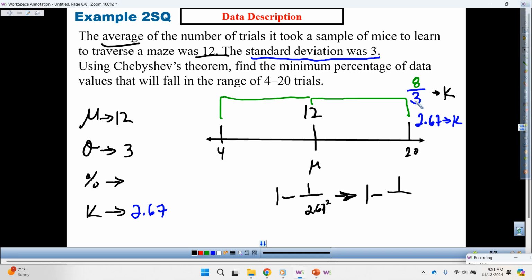Divided by the standard deviation. But this is from the mean to the... Decimal. What was our decimal? You got it. 0.85. And this is 85%.